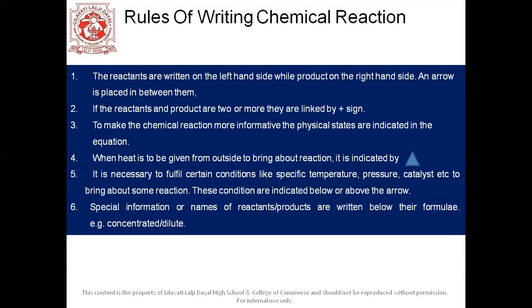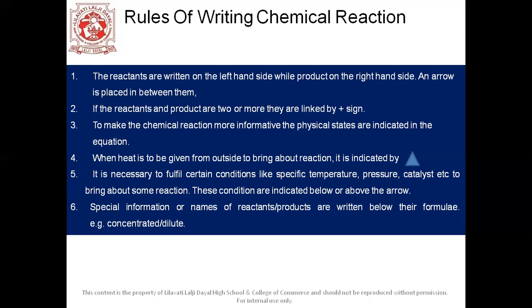Fourth, when heat is to be given from outside to bring about a reaction, it is indicated by the triangle symbol that is being shown. Fifth rule, it is necessary to fulfill certain conditions like specific temperature, pressure, catalyst, etc. to bring about some reactions.